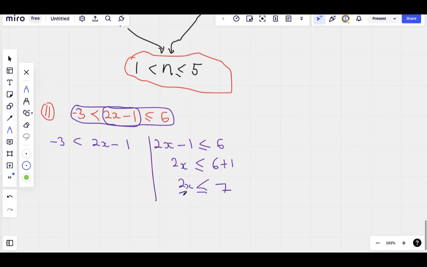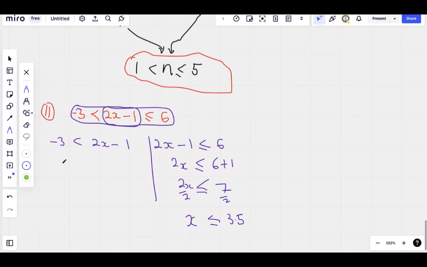This will become x is less than or equal to 7 over 2. If you want to leave it like that, it's okay as a fraction. Or you write it as a decimal, 3.5. x is less than or equal to 3.5.